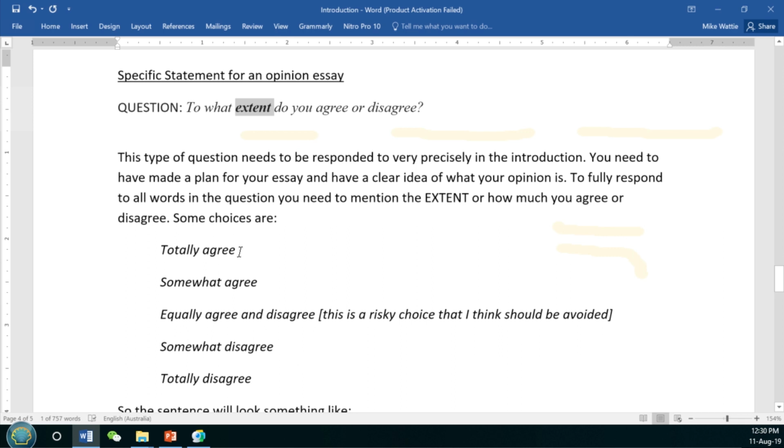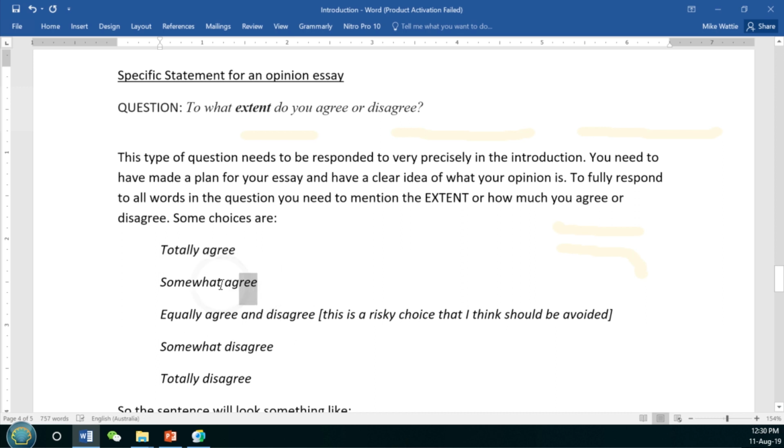The first option is to just totally agree. In this case, the essay will only be why you agree. There won't be any disagreeing aspects.